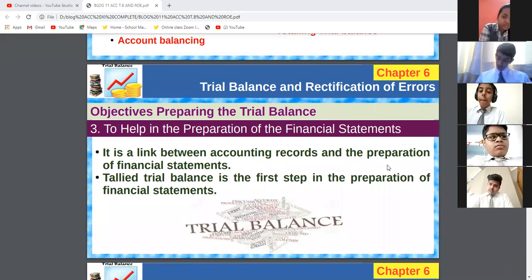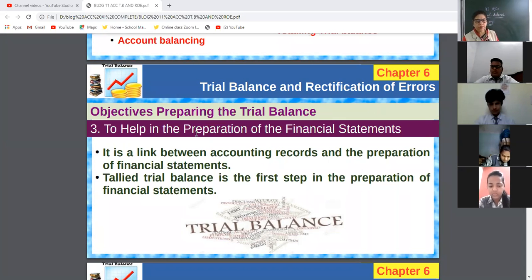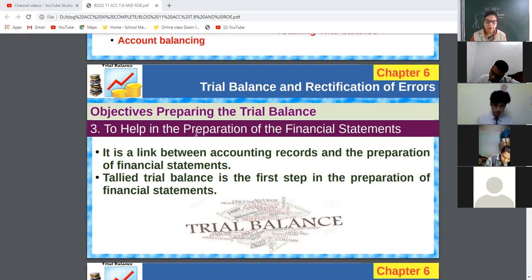Third is, why we prepare trial balance. Trial balance is helpful in preparation of the financial statements. Financial statements means trading account, profit and loss account, and balance sheet. So trial balance is a link.